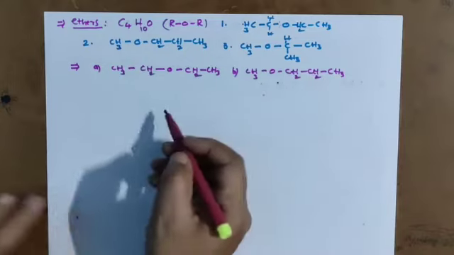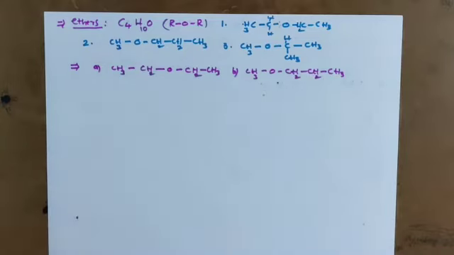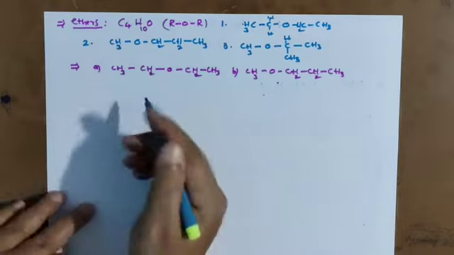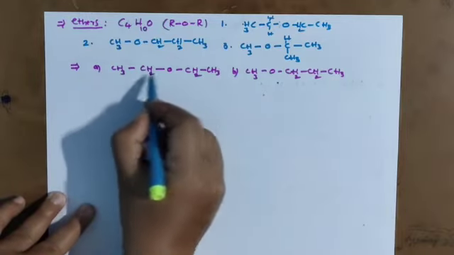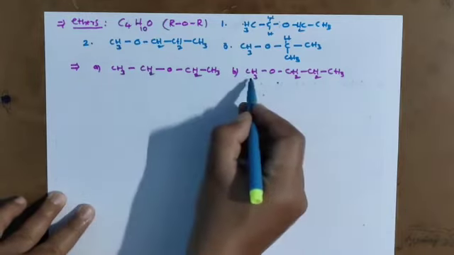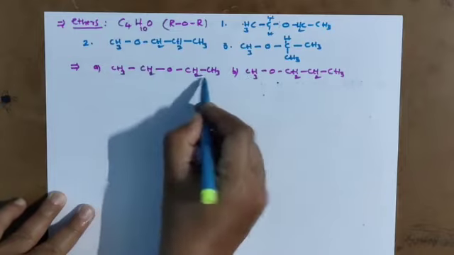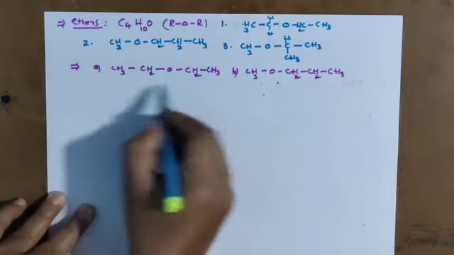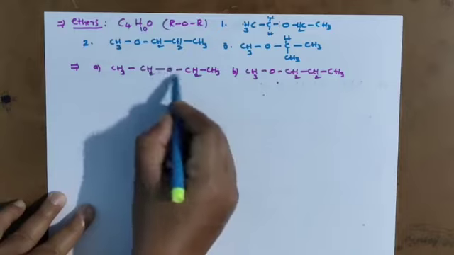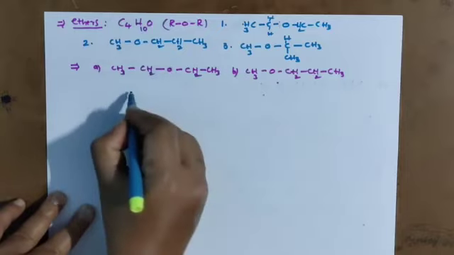Oxygen is bonded here to ethyl, here to methyl, here to ethyl, here to propyl, which means on both sides it is polyvalent.